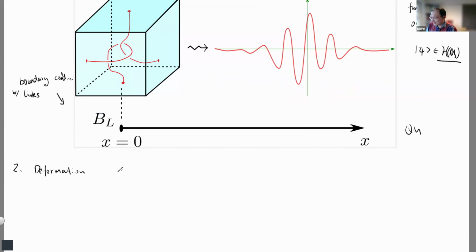So the idea is that for the 4D N equals 4 theory, there's a way to turn on a deformation so that it's a 4D N equals 1 theory. So it breaks some amount of supersymmetry. But this theory is easier to understand.